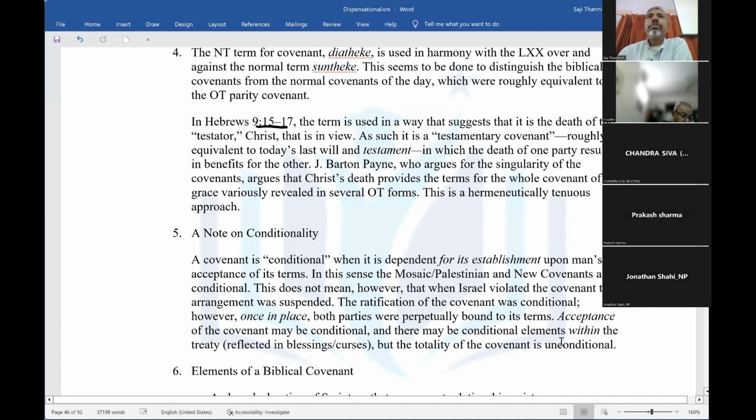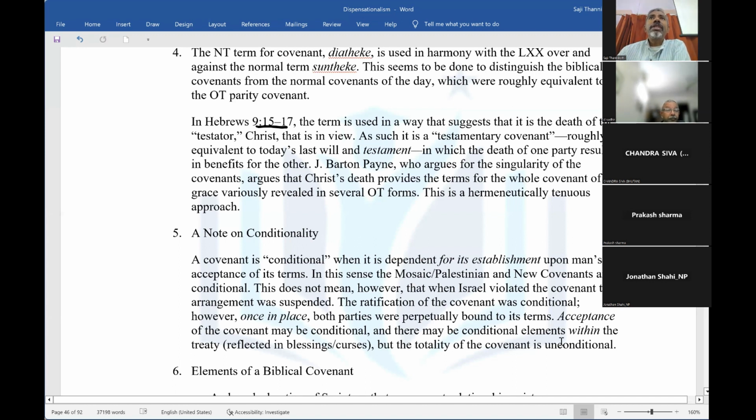Hebrews 9:16 says, let me read it for you: "For where a testament is, there must also of necessity be the death of the testator." Did you see that? The death of a testator. Right there you have that idea, the death of a testator.